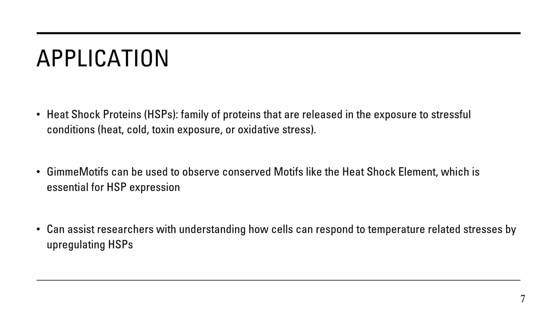This is a family of proteins released in specific biological conditions when there's exposure to some kind of stressful event. This can include being exposed to high or extremely low temperatures, exposure to toxins, or even oxidative stress.